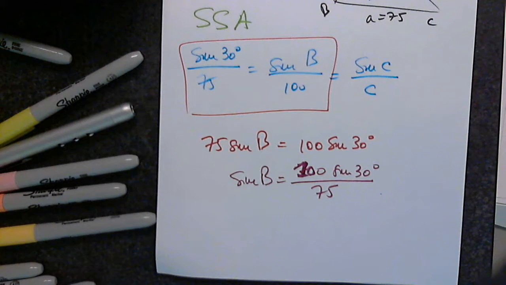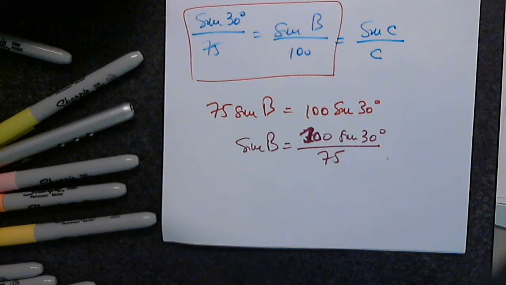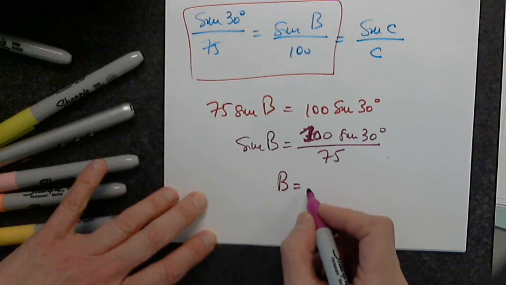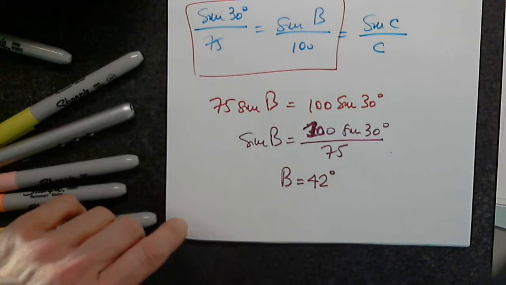So now all I have to do is go to inverse sine, second inverse, and just copy the previous answer. Don't truncate anything. So roughly, I'm okay with approximating here. Unless you want to be super exact, which is fine, you can. So B equals roughly 41.8 degrees.